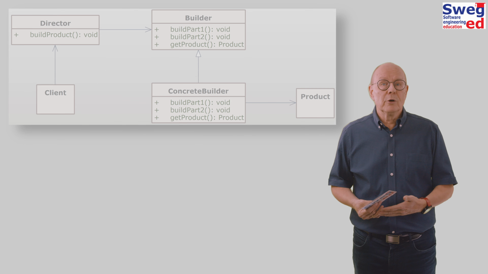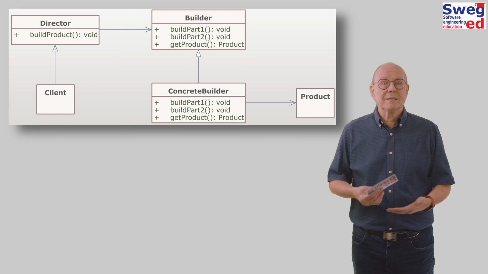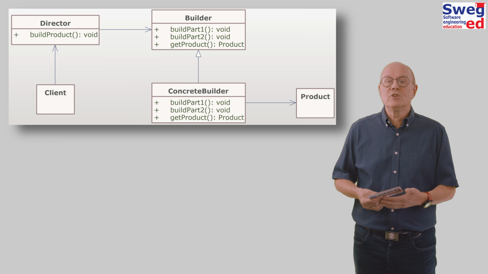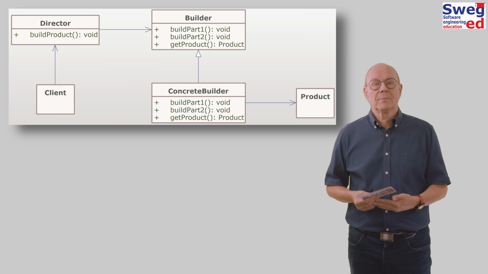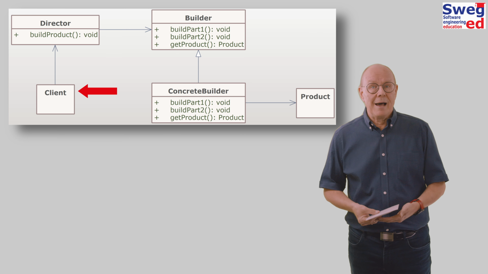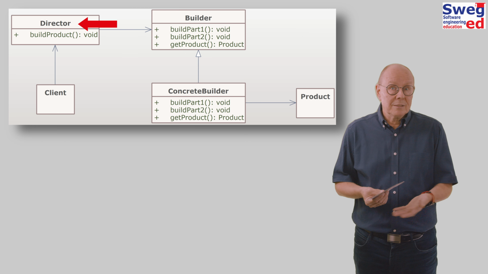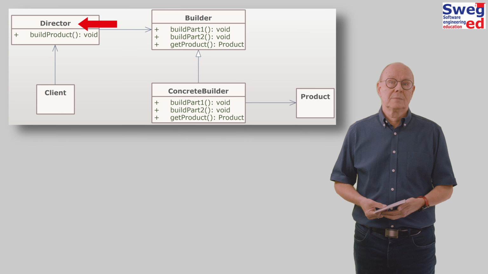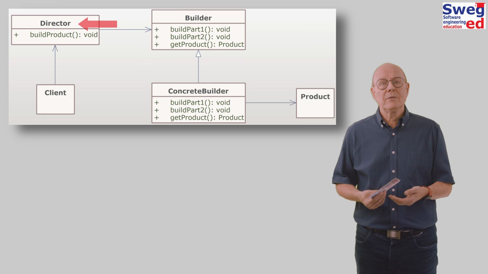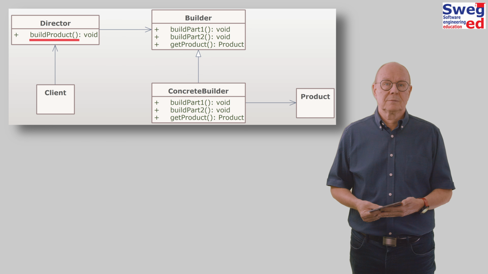Now that we have learned all the steps, what does the builder pattern look like in general? In general, a client asks a director to build a product. This happens by calling the method buildProduct.